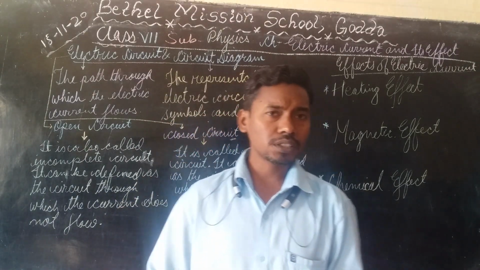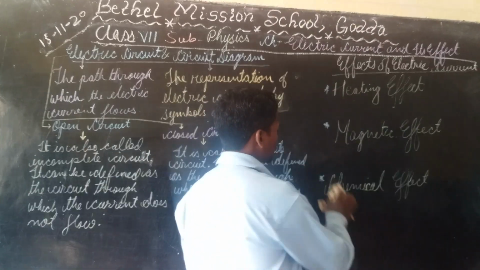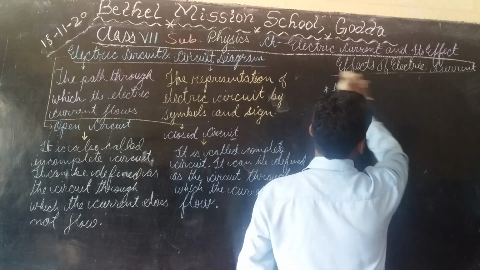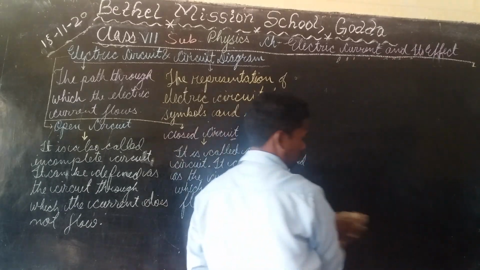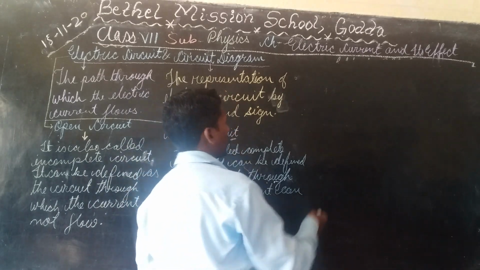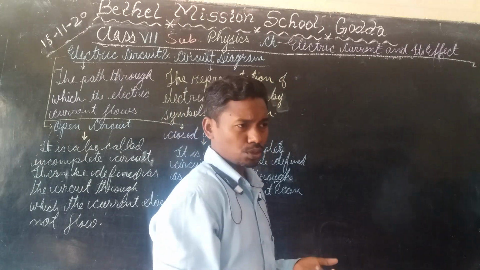As we have seen about these effects of electric current, we will see a bit of circuit diagram. Let us say that I have a few electric devices which are to be arranged.